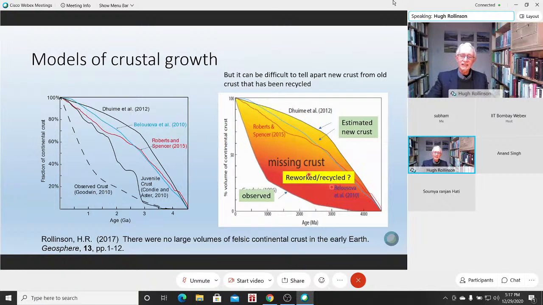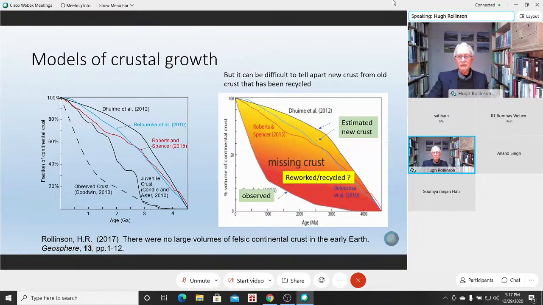And we may put that down to ancient crust which has either been reworked, that is, old crust has been partially melted and now has a younger looking age, or crust which has been recycled, that is, it has been created and then returned to the mantle. Now, my own personal analysis of this rather complex problem is described in this paper in 2017 in the journal Geosphere, produced by the Geological Society of America.